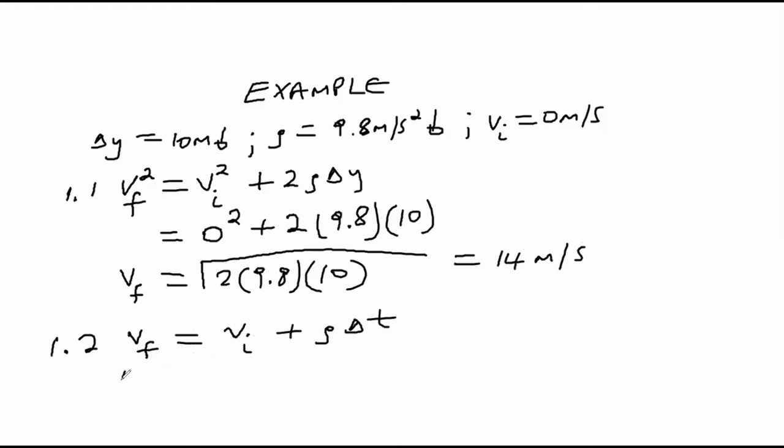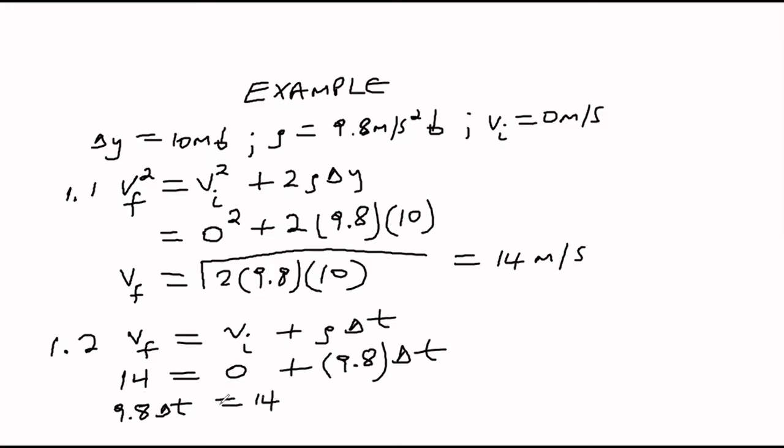Let's substitute. V final is 14, V initial is 0, G is 9,8. We take downwards as positive, then delta T. So we have 9,8 delta T equal to 14.